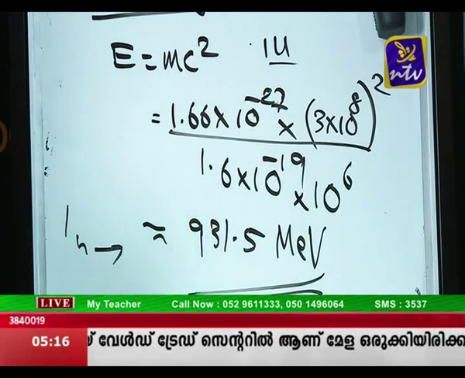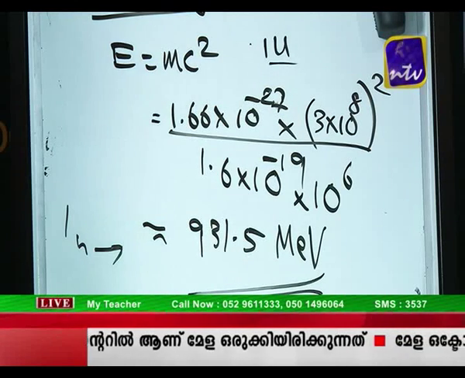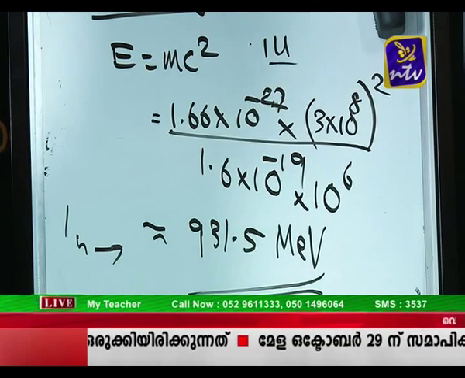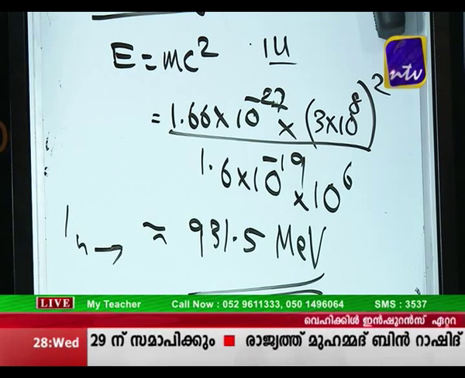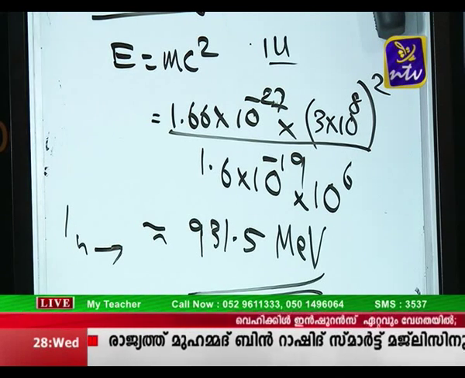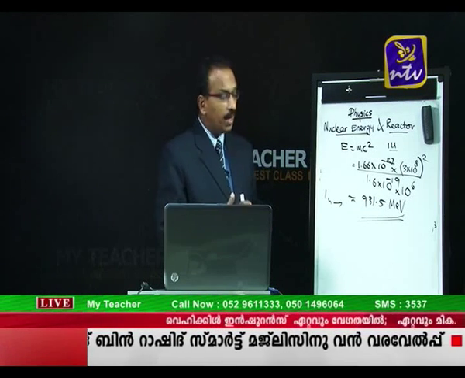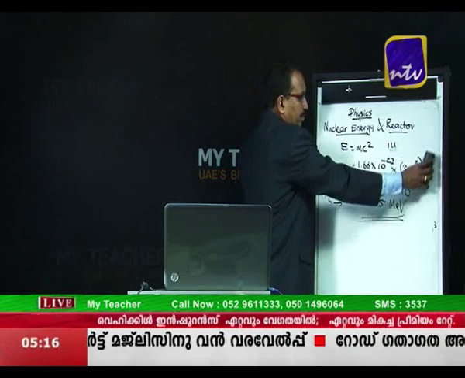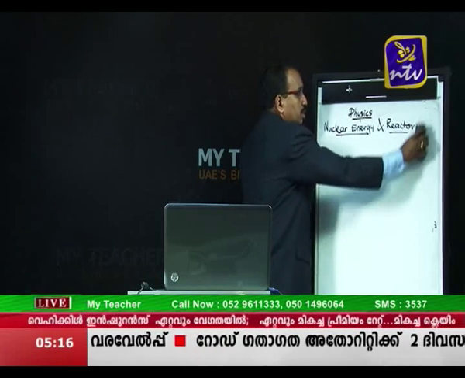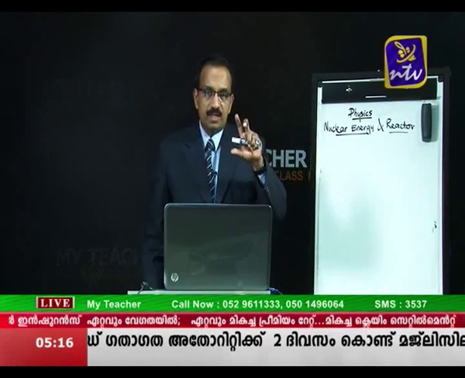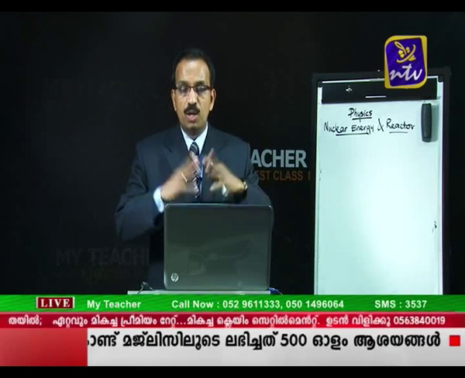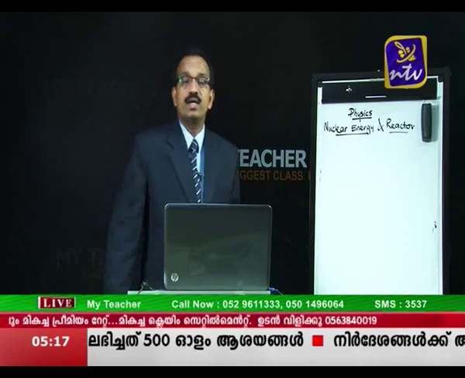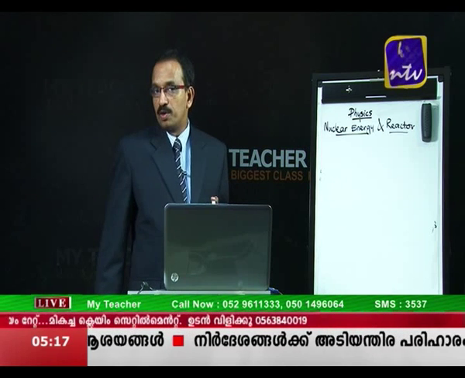So this is how energy release happens as a result of a nuclear reaction. All of you got the picture: when 1 AMU is lost during a nuclear reaction, we get an energy of 931.5 million electron volts.